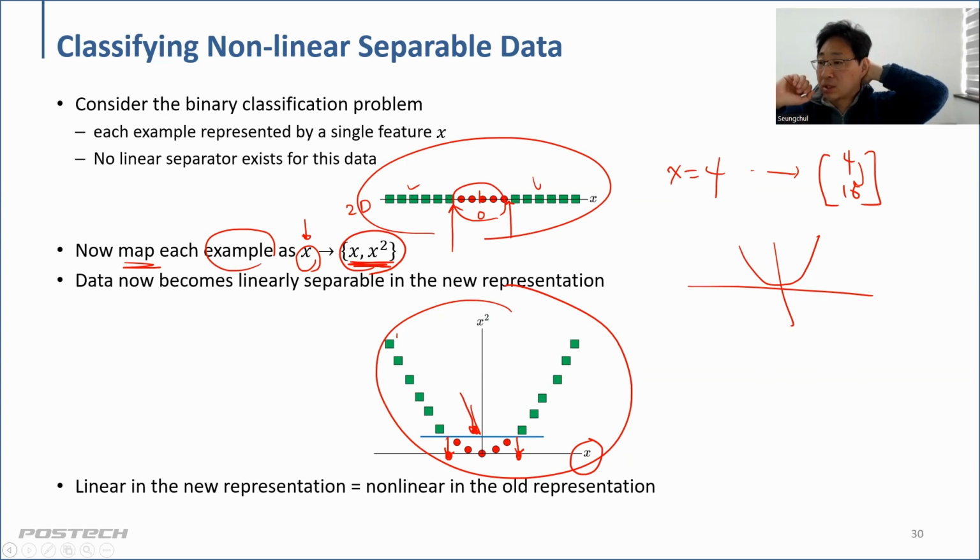As long as the data points are linearly separable, we are able to find linear hyperplanes using SVM, for example. Once we have that, going back to the original space, the boundary is going to look like a nonlinear classifier. Okay, that's the idea.